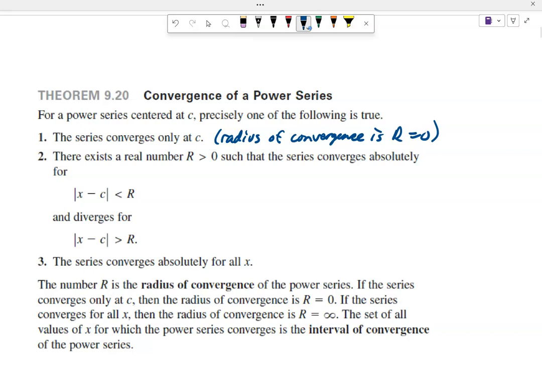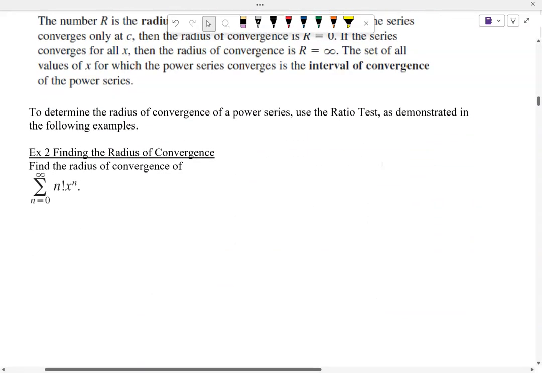Or the second one is if you have an interval of convergence there, about c with radius r. So that's number 2. And then finally the third scenario for all real numbers, right? The radius of convergence here would be infinity.